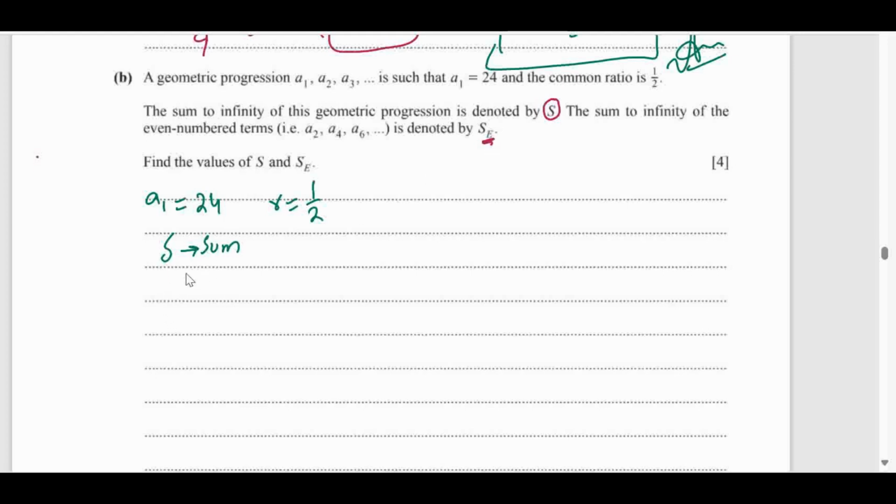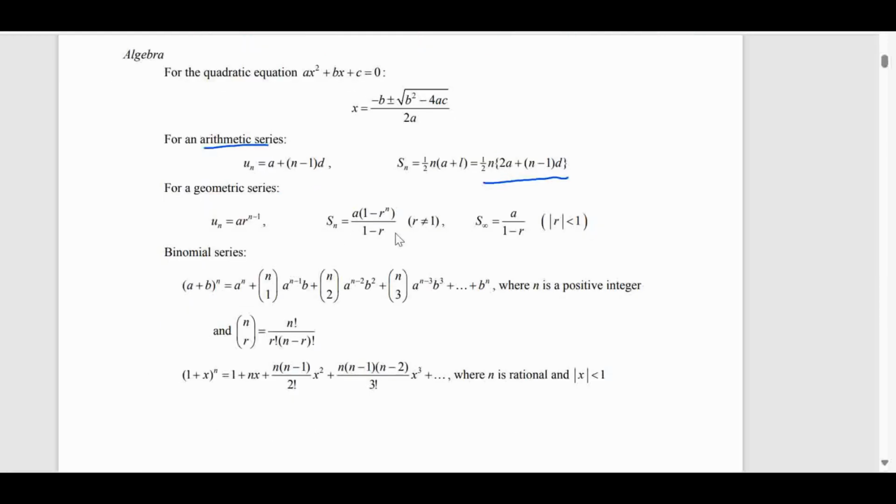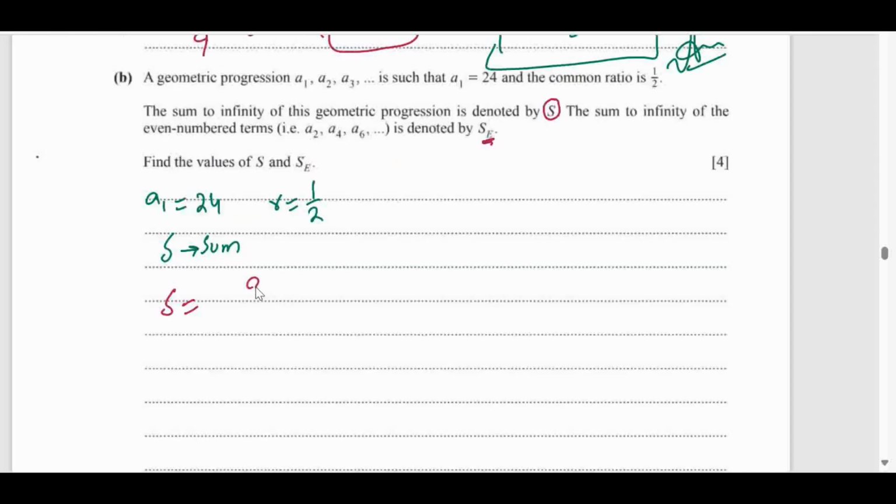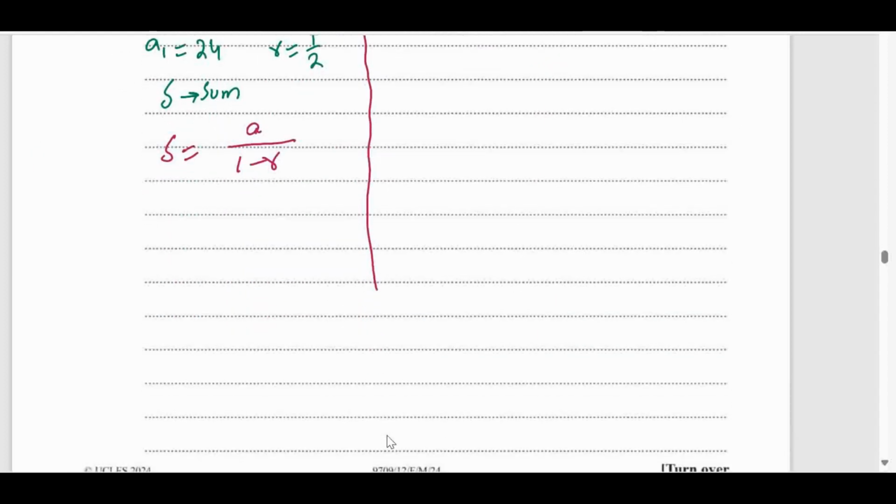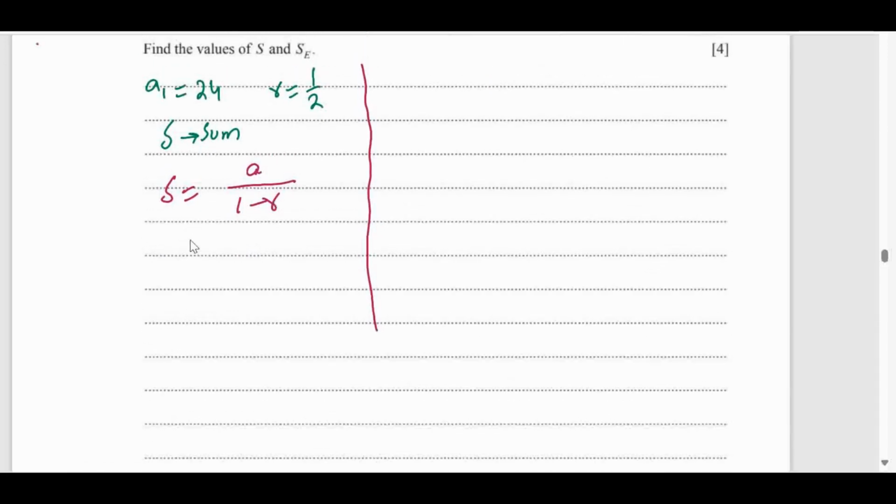First, let's find S. The formula for sum to infinity is A by 1 minus R. We have all the values, so S is equal to A, which is 24, whole divided by 1 minus 1 by 2.